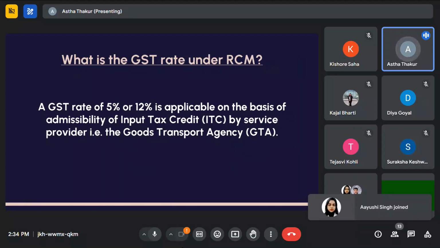For example, when you buy a product or service from a registered dealer, you pay the taxes on the purchase. On selling, you collect the tax. So, you adjust the taxes paid at the time of purchase with the amount of the output tax, and the balance liability of the tax has to be paid to the government. This mechanism is called the utilization of the input tax credit.